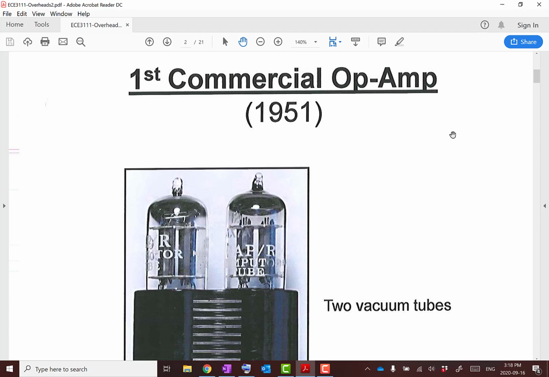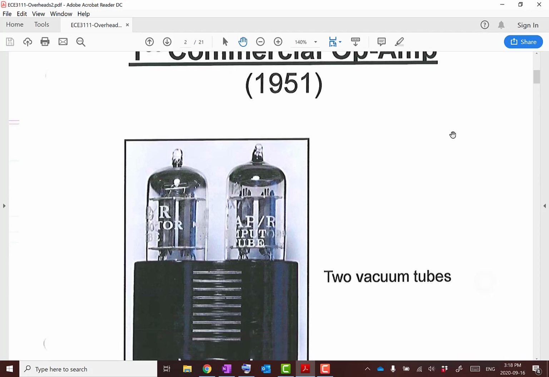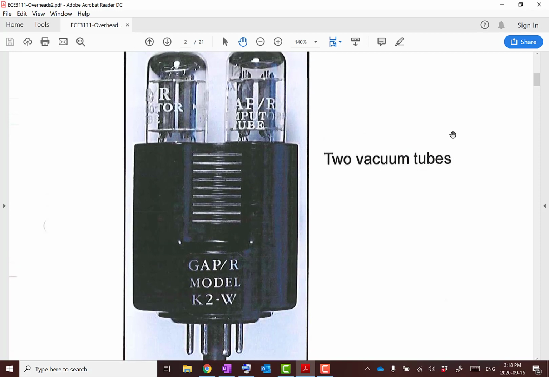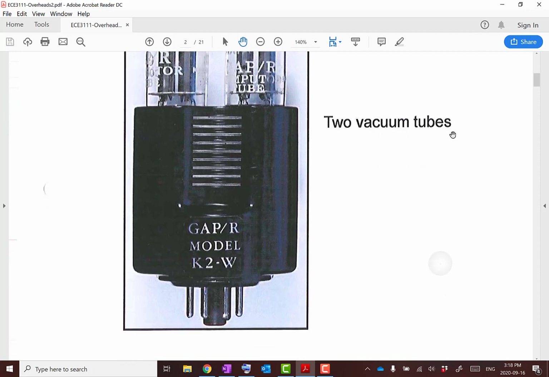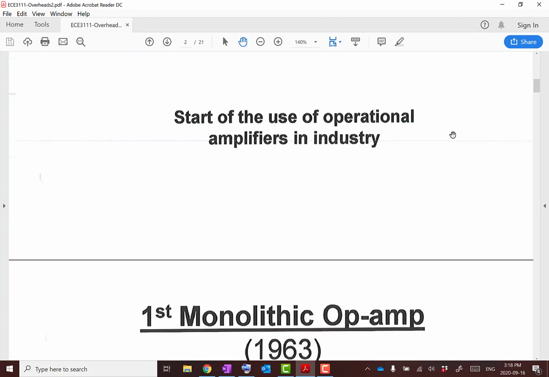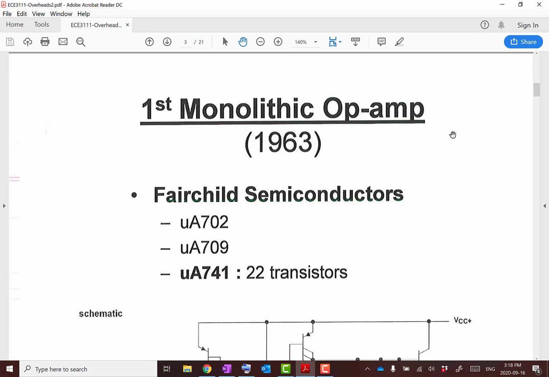But this is an example of one of the first commercially available op-amps, very large and much different than what we see today.